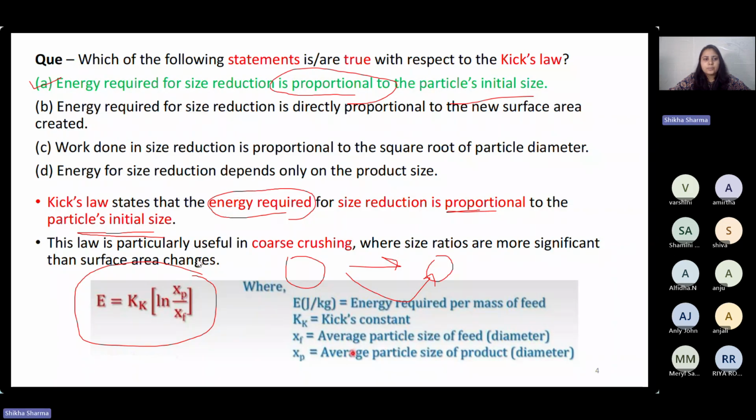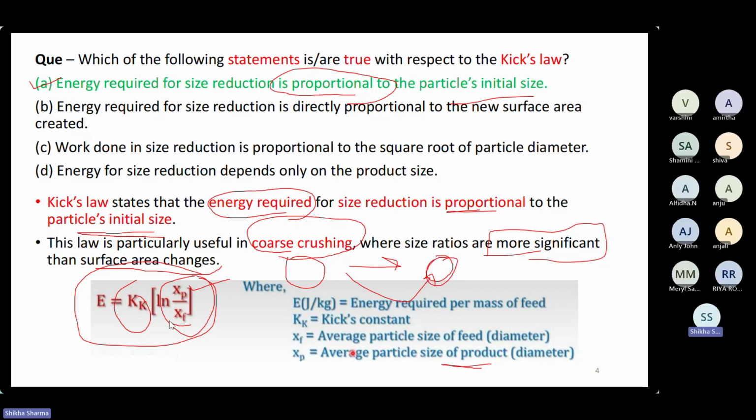This law is particularly useful for coarse grinding operations where size ratios are more significant than surface area changes. So E equals K_k, where K_k is Kick's law constant, multiplied by ln(xf/xp). Here xp is the particle size in the final product, the smaller size, and xf is the particle size of the feed, which is the initial, coarser size.